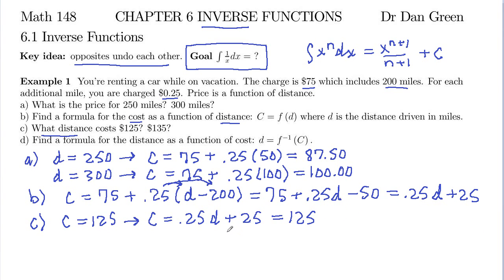So let's go ahead and subtract 25 on both sides. Solve this for d. So these guys cancel. We are left with 0.25d is equal to 100. And then we will undo that multiplication by dividing on both sides by 0.25.